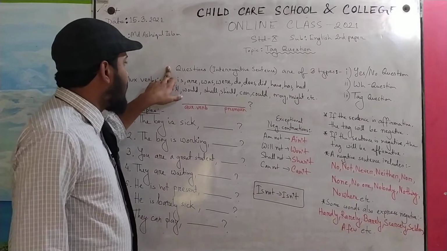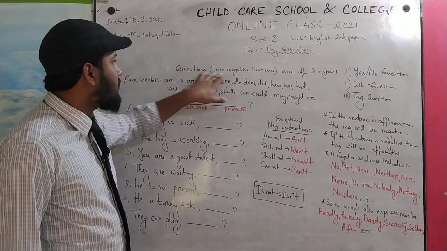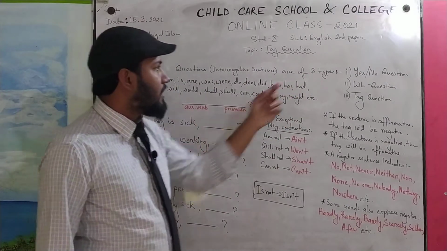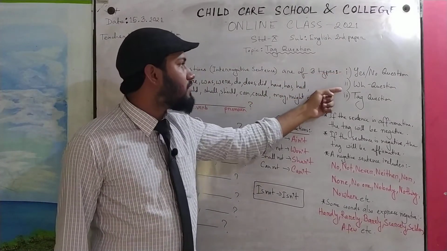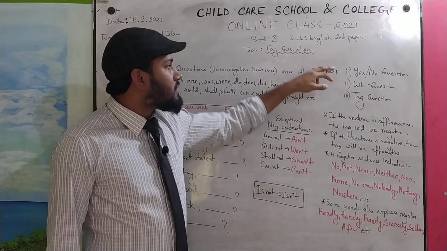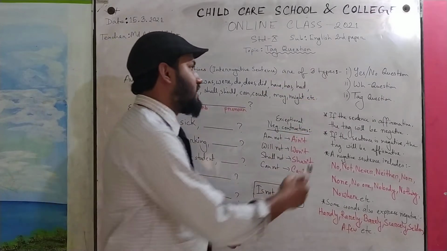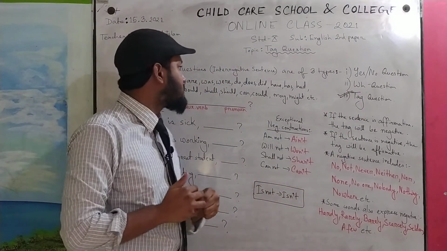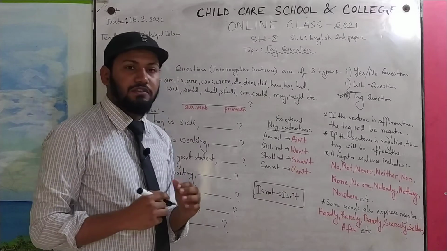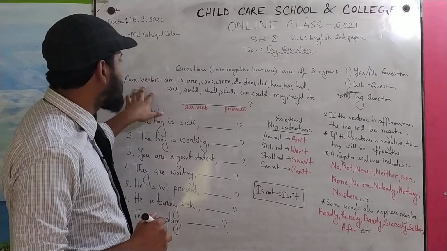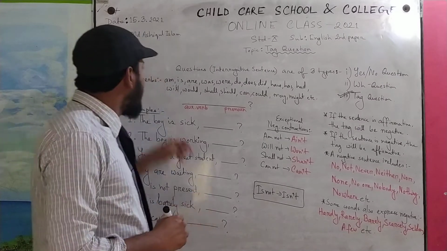So as you know well that questions or interrogative sentences are of basically 3 types. They are yes no question, WH question, and tag question. So we are actually focusing on the tag question today. So let's see how tag question works. For tag questions, you need to get a greater idea about auxiliary verbs, and I hope you know it already.